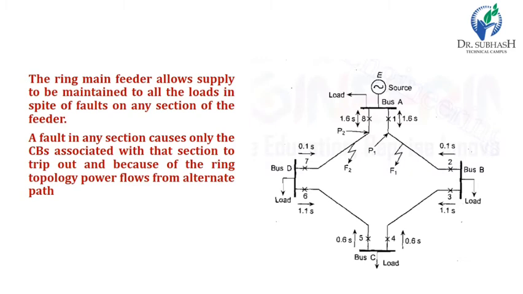In this case, number 1 and number 8 relays are plain overcurrent relays, without directional features. Numbers 2, 3, 4, 5, 6 and 7 are directional overcurrent relays.